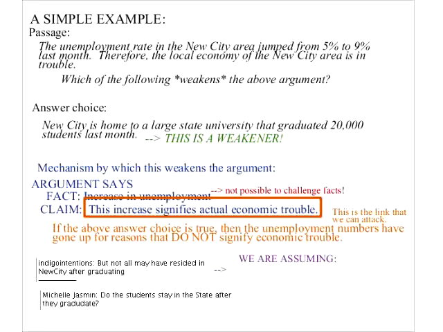The first thing is that we are assuming that at least a sizable number of the graduates stayed in the local area. In other words, they didn't all leave. They didn't all leave in overwhelming numbers.